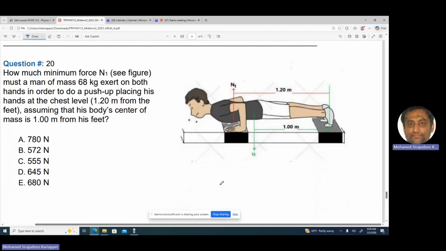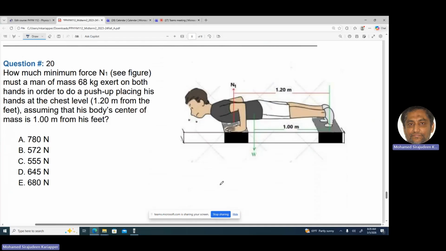How much minimum force N1 must a man of mass 68 kilogram exert on both hands in order to do a push-up placing his hands at the chest level? All the distances are given, assuming that his body center of mass is 1 meter from his feet.